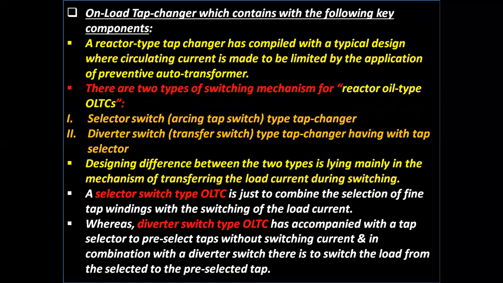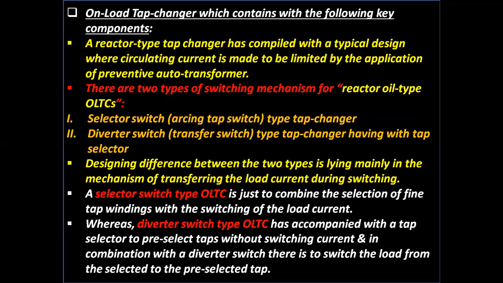Now let's look at the on-load tap changer, which contains the following key components. A reactor type tap changer has a typical design where circulating current is limited by the application of a preventive auto transformer.